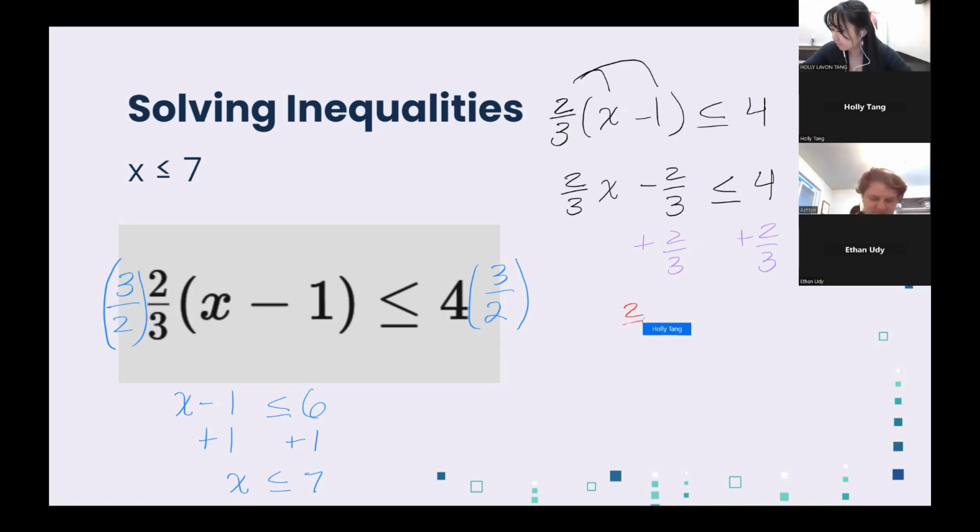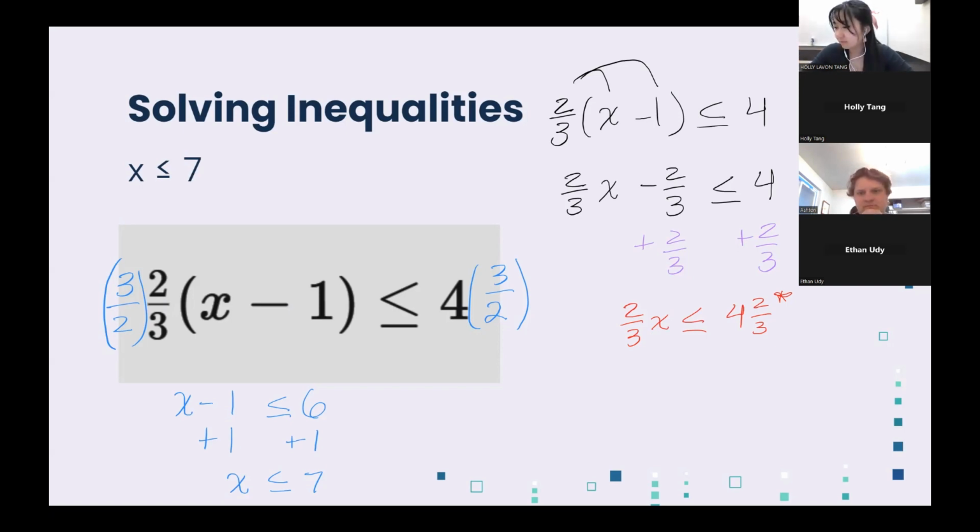Then you have to make the 4 a fraction. I didn't know how because we haven't seen that in the textbook yet, and every time I try to put in a mixed number, it wouldn't count it. So that's why I haven't done that yet. Cool. So I multiplied the 4 by 3, so it's 12 over 3.